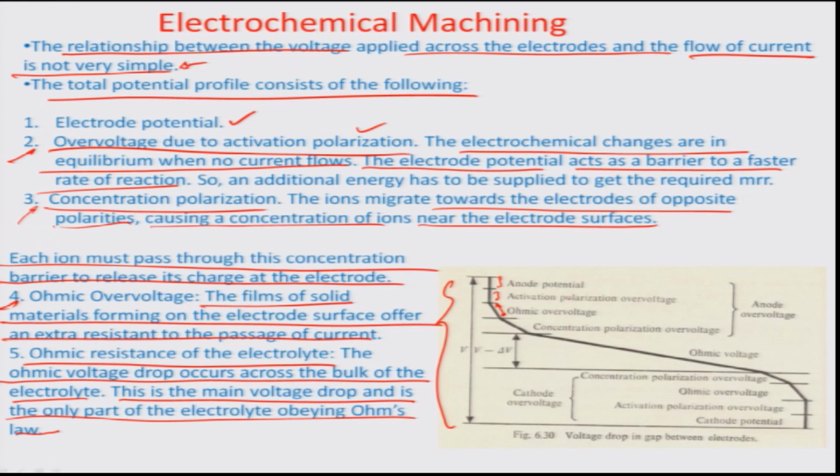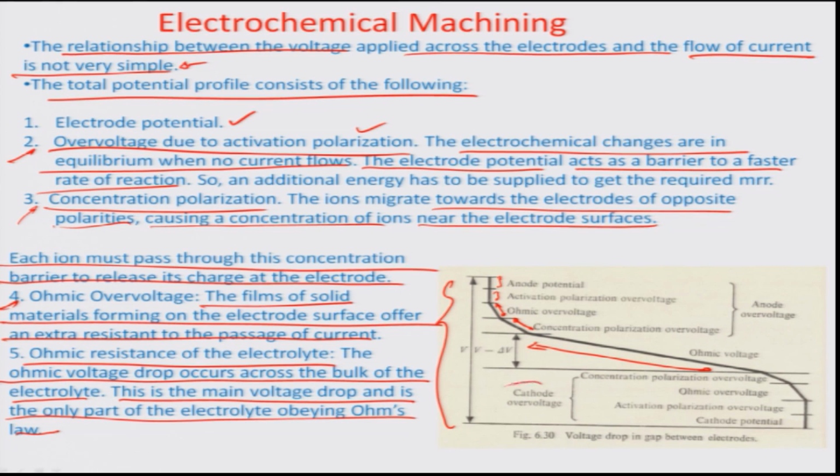It is called the ohmic over voltage, and then obviously there is a concentration polarization, because once the ion transport starts happening, there is a diffusion gradient created by dC/dx at both the electrodes, and then finally there is an ohmic voltage drop from one of the electrodes to the other that comes in.